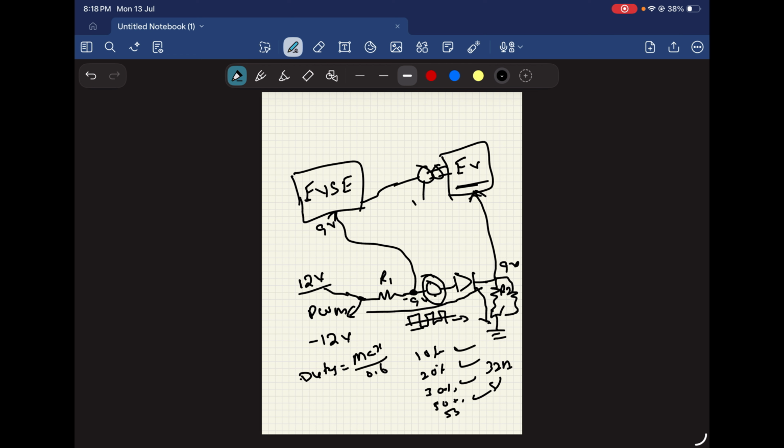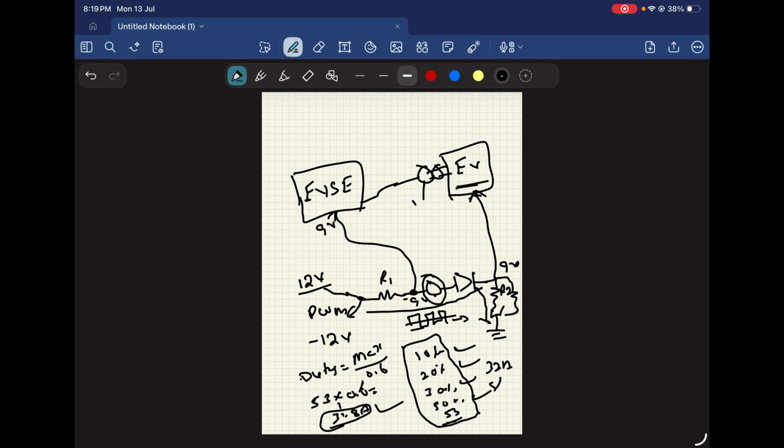If we fix a duty cycle of, for example, 53% into 0.6, how much is it? About 31, so nearly 32 amps current rating capability. Like this, depending on the EVSE capability, it will generate this PWM.